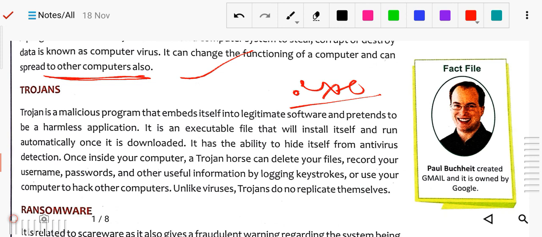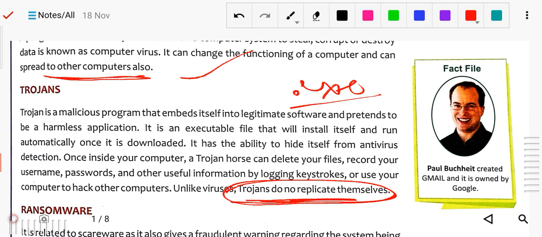Unlike a virus, this Trojan. What is the difference between a Trojan and a virus? Trojans do not replicate themselves. A Trojan is not replicating, but a virus is replicating, meaning it makes the same kind of copies of itself. The difference between virus and Trojan, you just remember: a Trojan is not replicating.